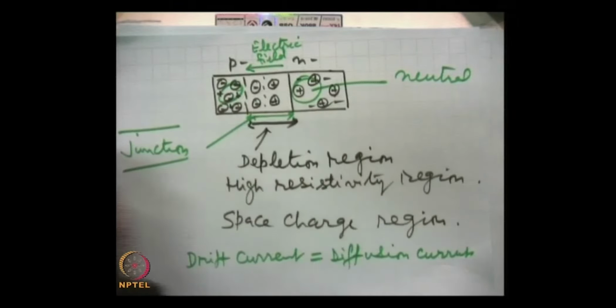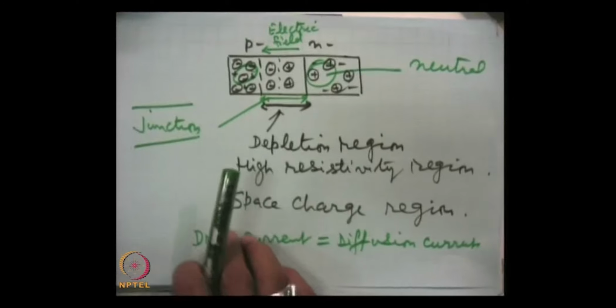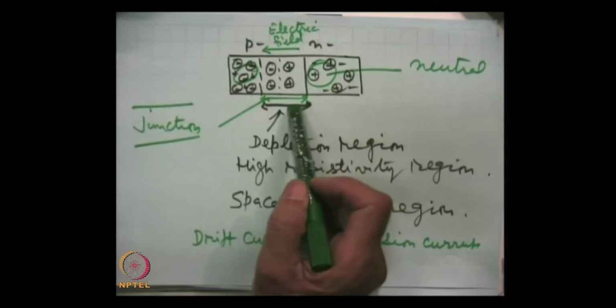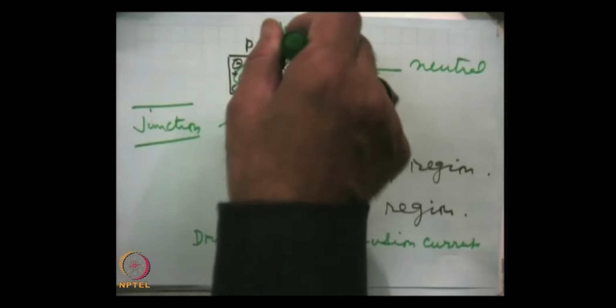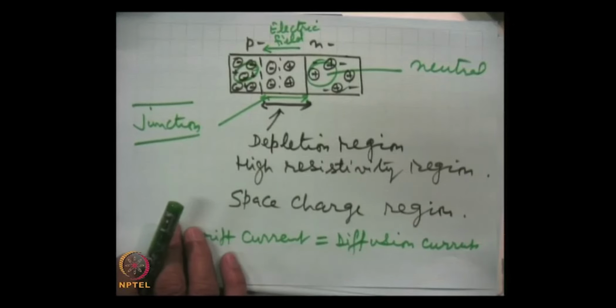What is the amount of electric field? We can calculate that also, and it is a high resistivity region. The field always gives rise to a potential, what we call the contact potential.